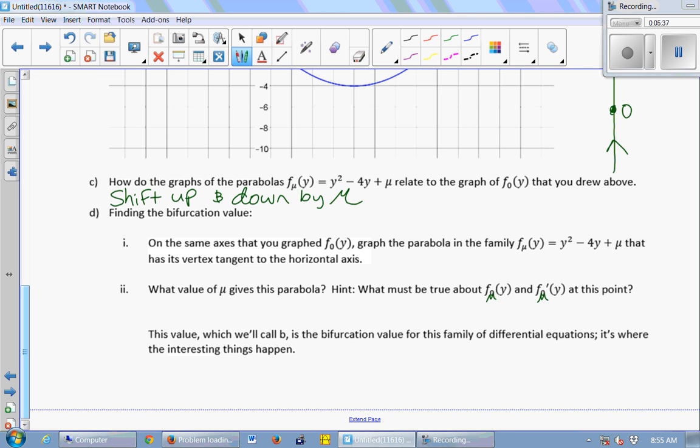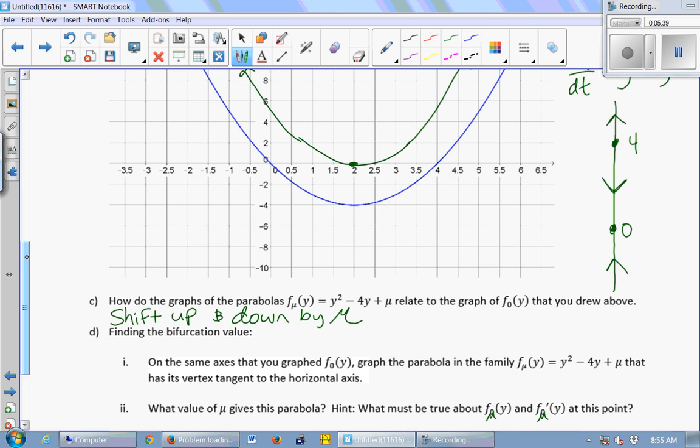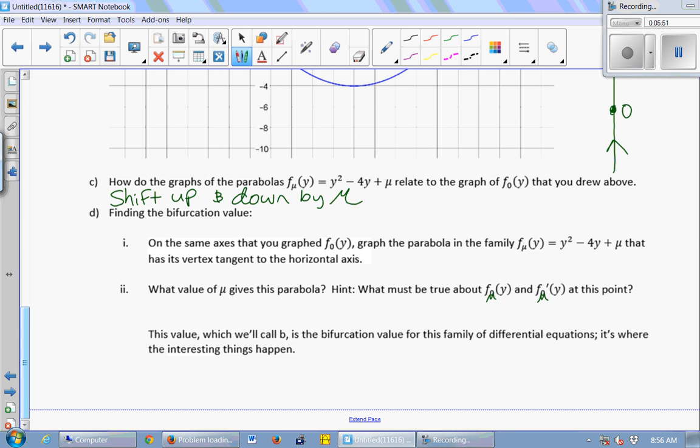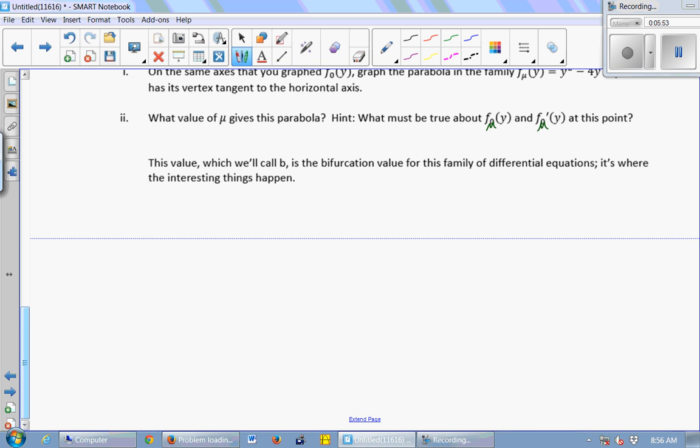Like in this case, it's pretty easy to just look at the 2 graphs and say, oh, we moved it up 4 units, mu has to be 4. But in more complicated situations, the way that you find the bifurcation value is that your function, f sub mu of y, has to equal f sub mu prime of y.